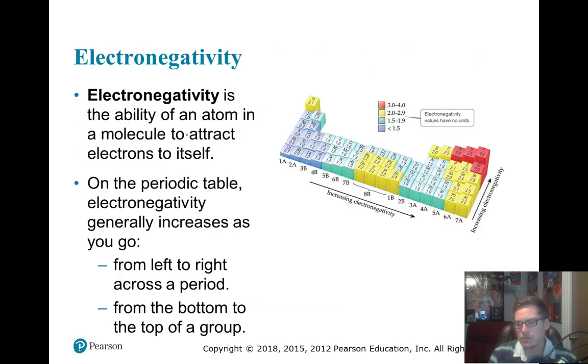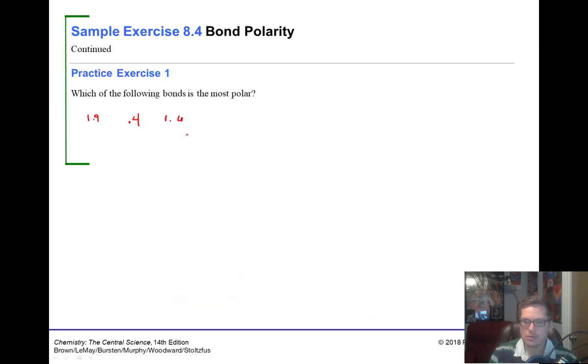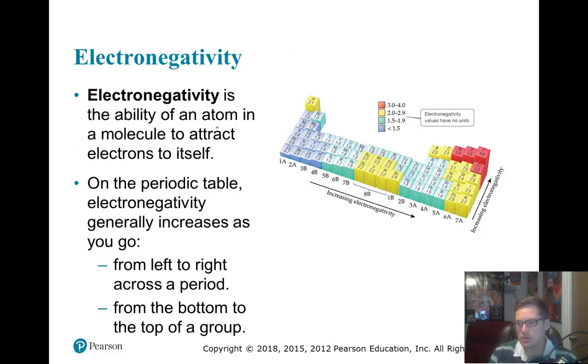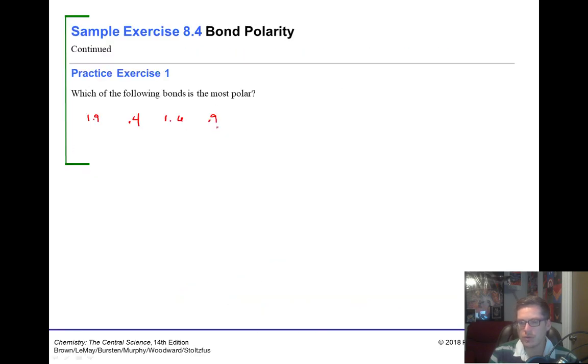Nitrogen is 3 and phosphorus is 2.1, so we have a difference of 0.9. Last one here, gallium and chlorine. Gallium is 1.6 and chlorine is 3.0, so we get a 1.4 difference. So the biggest difference here is going to be between hydrogen and fluorine.